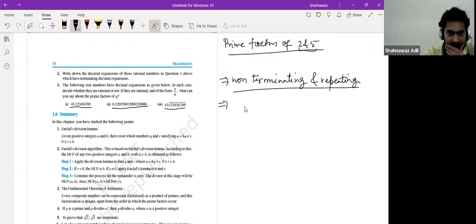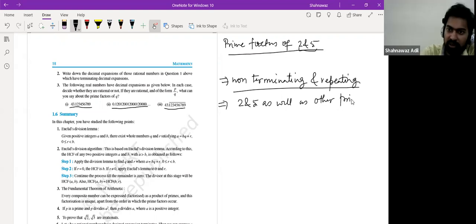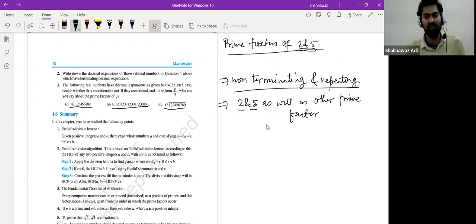This has 2 and 5 as well as other prime numbers, right? Because if it had only 2 and 5, it would have been terminating. But this is not terminating, so it will have 2 and 5 as well as some other prime factors such as 7 or 3 or any other, right?